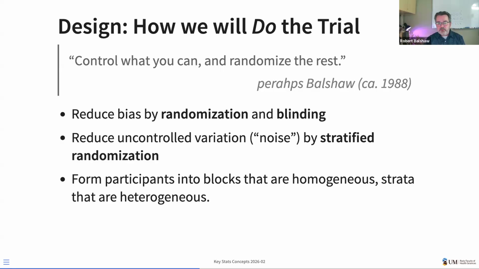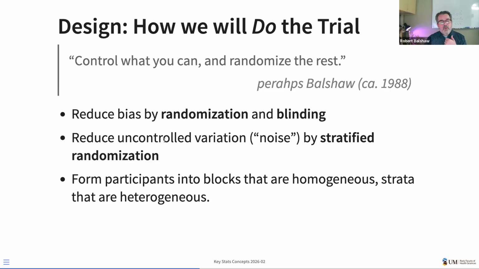And we'll use randomization to eliminate or reduce the impact of the possibility of bias in the trial, and control for all the others to reduce unwanted, uncontrolled variation, the noise in the system, to allow us to have a better chance of identifying the effects of interest. Sort of increasing the signal to noise ratio by reducing the noise. And stratified randomization is one of the strongest techniques for that approach.